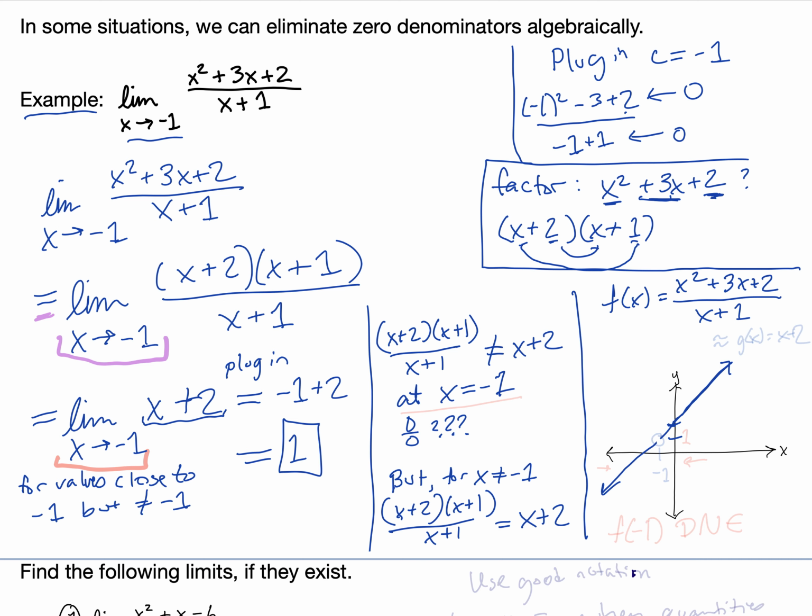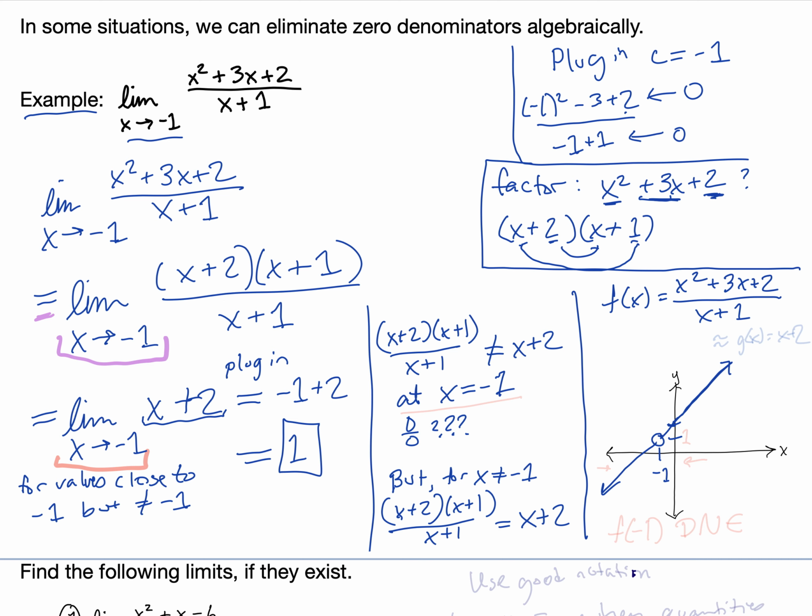It would behave exactly the same way except at the point negative 1. At the point negative 1, there would be a hole, and that hole would be what we call a removable discontinuity or a point discontinuity at the point x equals negative 1.